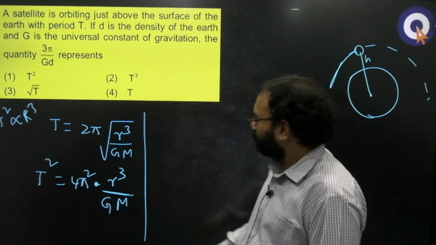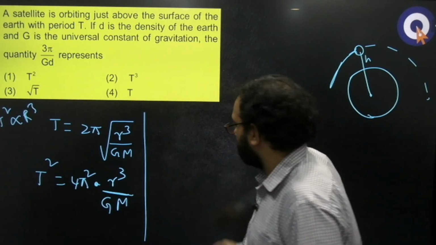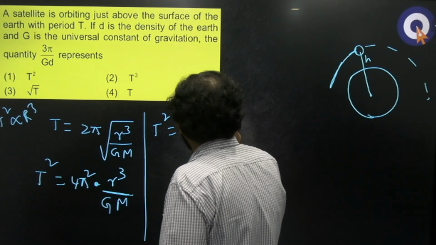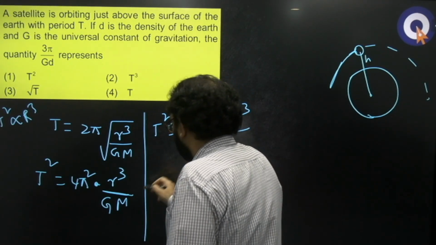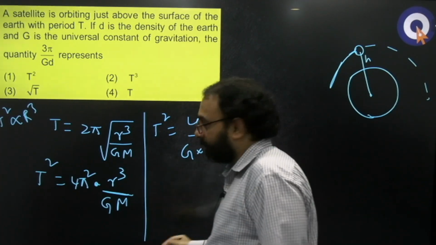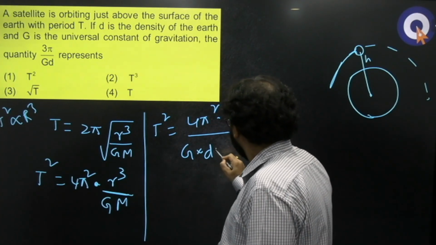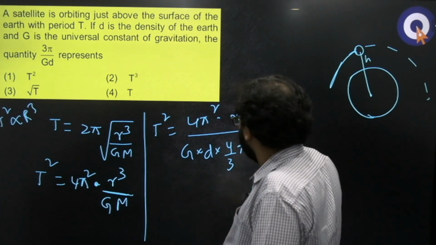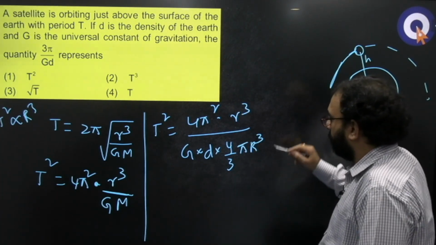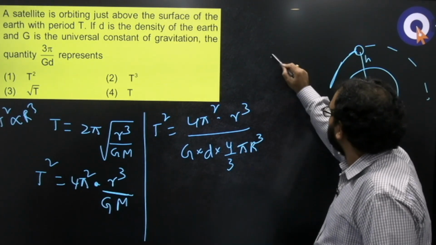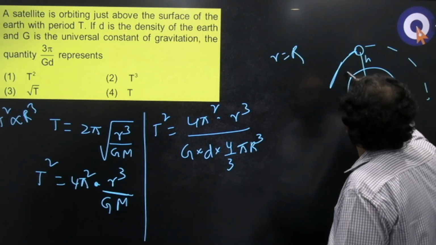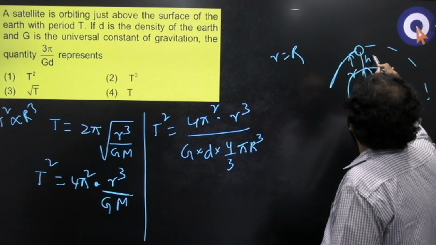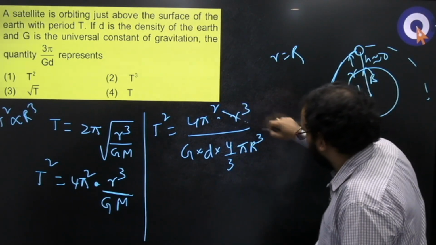So now 3 pi by GD represents what? So T square equal to 4 pi square into R cube by G into mass, which is density into volume, 4 by 3 pi R cube. So here, if this small r is approximately equal to capital R, since h is negligible, altitude is negligible, you can cancel.